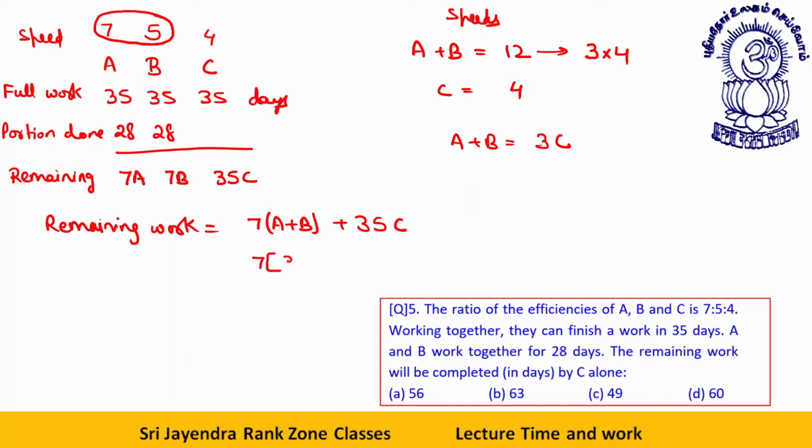What is A plus B? A plus B is 3C. So 21C plus 35C, that is 56C. Or the remaining work is equal to 56 days of C. Clear, dear students? Let's take one more question.